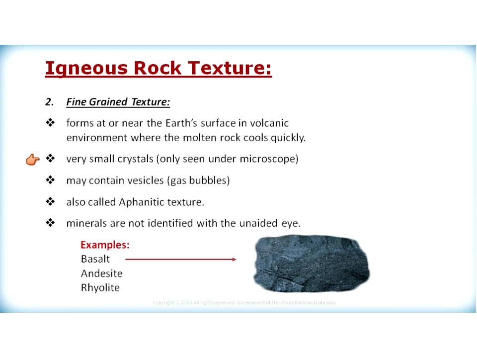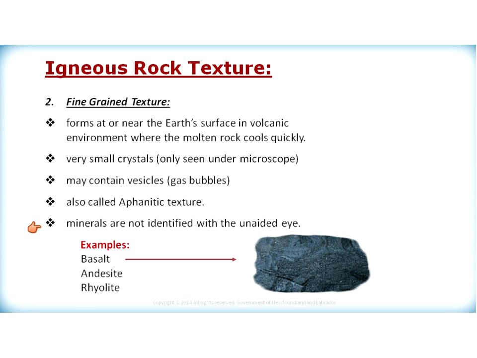You generally need a microscope to see these crystals. They may contain vesicles or gas bubbles within its texture, and it's also called aphanitic texture. This would be the geologic name for the fine-grained texture.